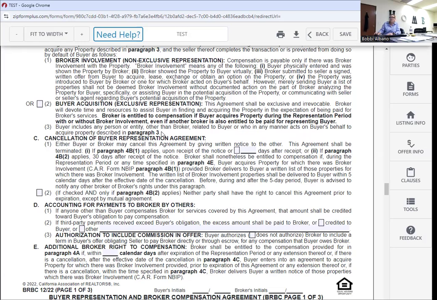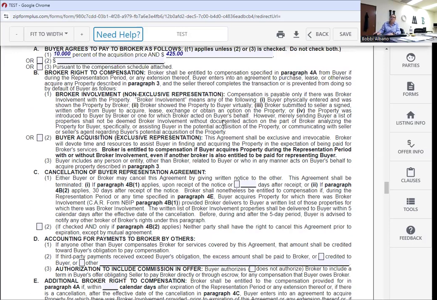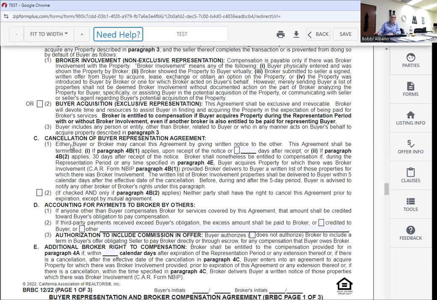Buyer includes any person or entity other than broker related to buyer or who in any manner acts on buyer's behalf to acquire property described in paragraph 3. This looks like if the buyer has maybe his brother buy the property with him or for him, then you would be entitled to compensation. Okay, and then we go to cancellation of buyer representation agreement.